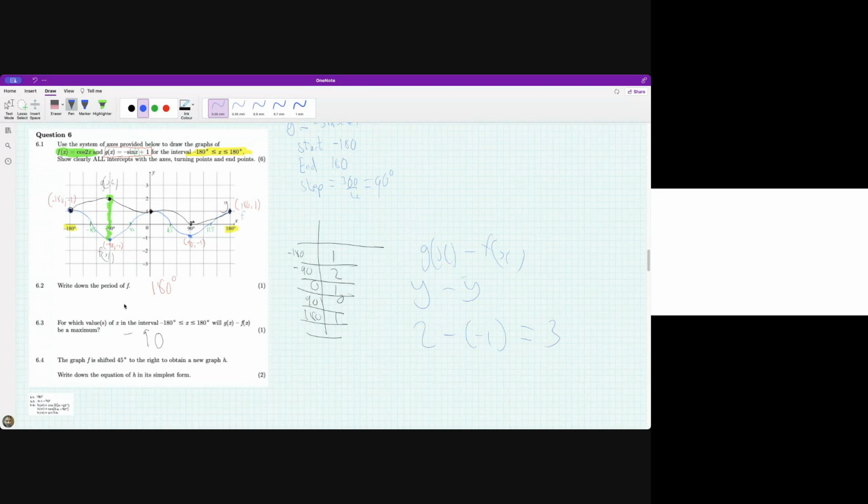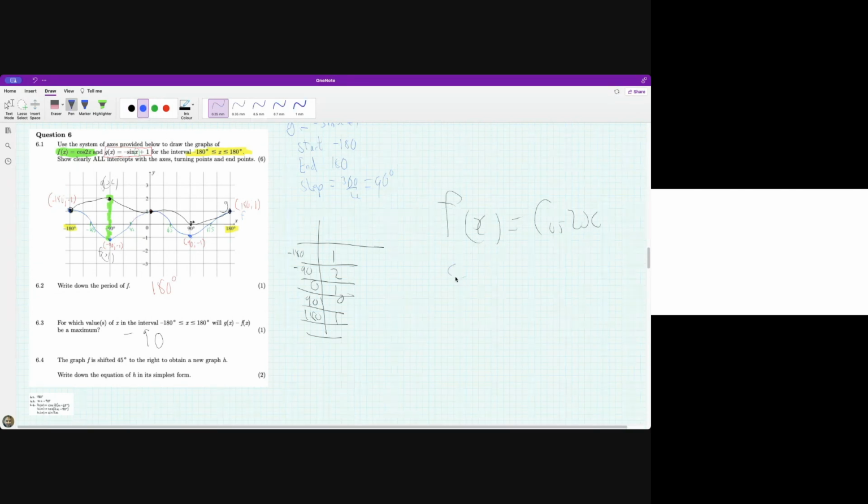Okay, if the graph of f is shifted 45 units to the right, what will the new equation of that graph be? So currently, f of x is cos of 2x.